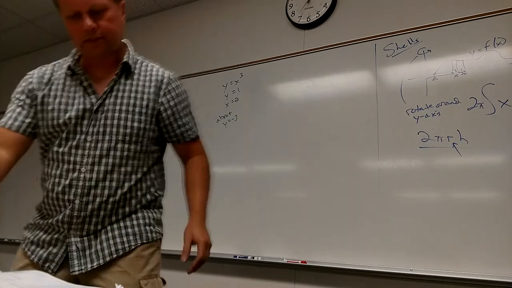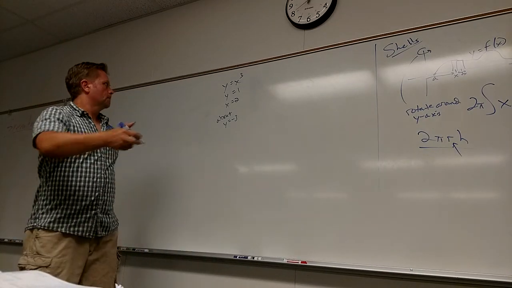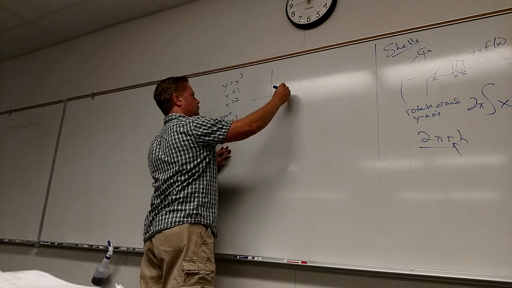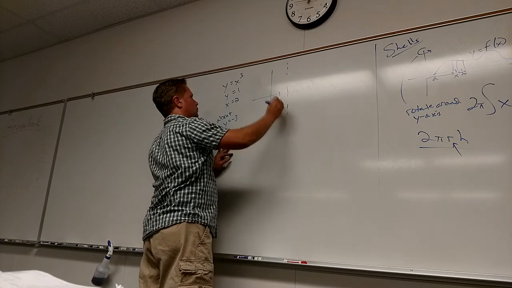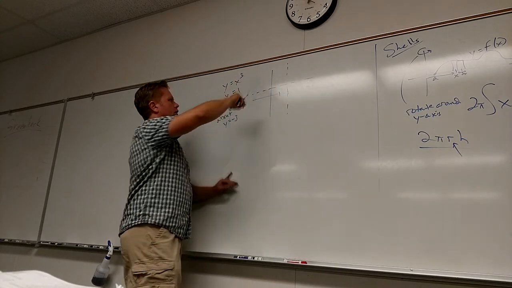Those first 3 lines just describe the region that we're curious about. So I want x equals 2, y equals 1, and y equals x cubed.